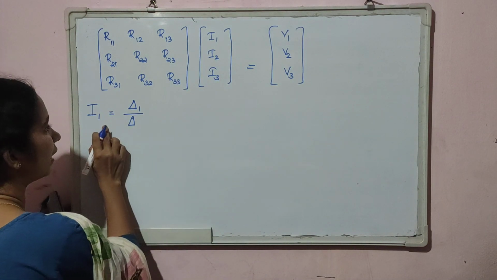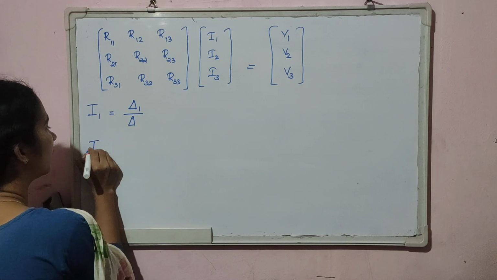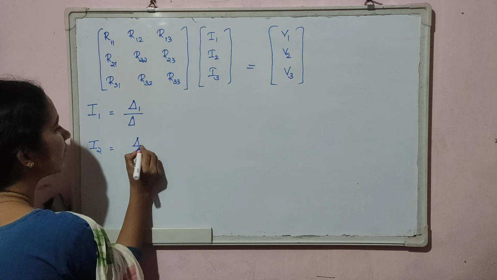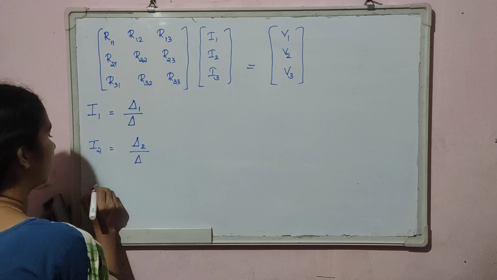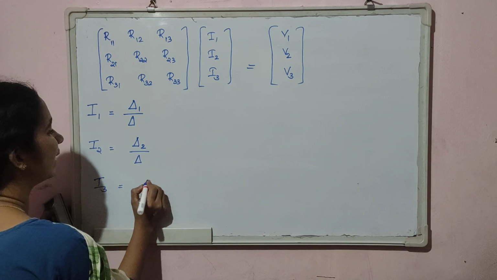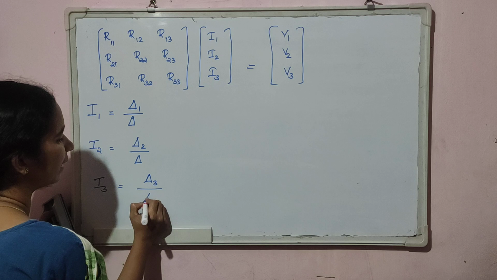So I1 is delta 1 by delta, I2 is equal to delta 2 by delta and I3 is equal to delta 3 divided by delta.